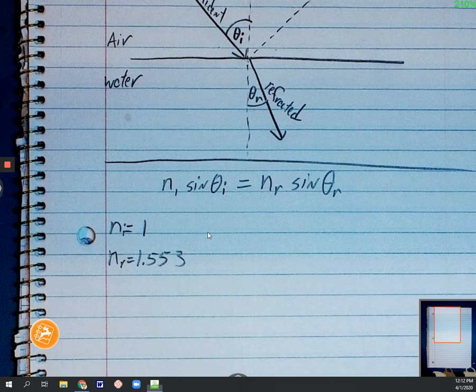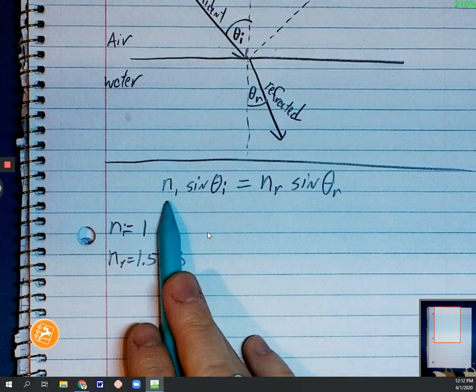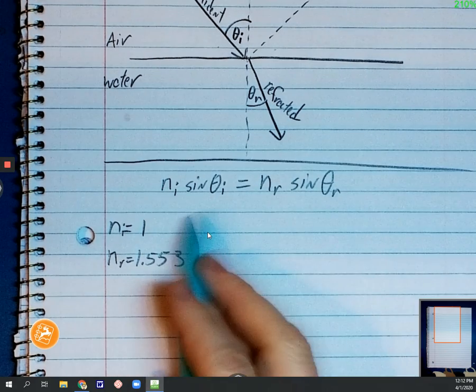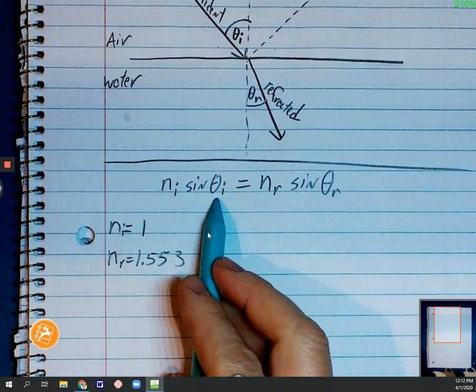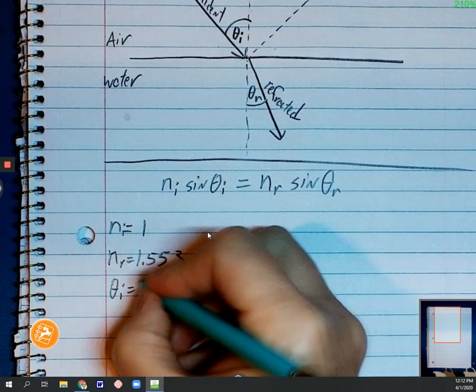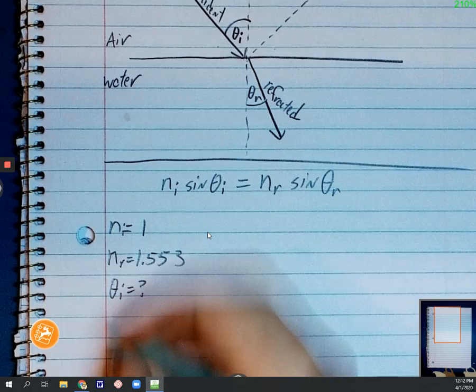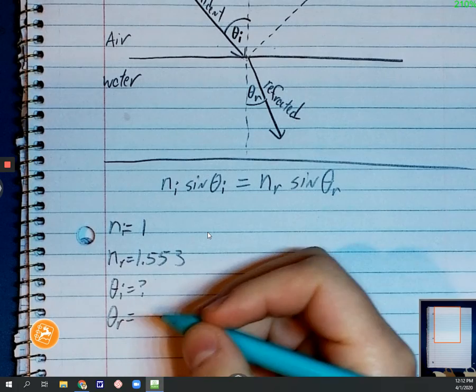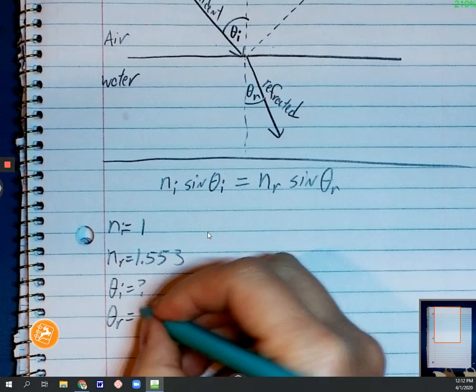So we're looking for theta sub I. Okay, so theta sub I is our unknown. We know that the angle of refraction was 35 degrees with the normal.